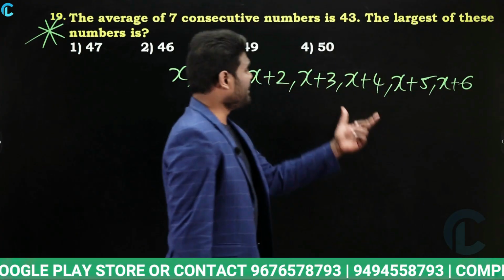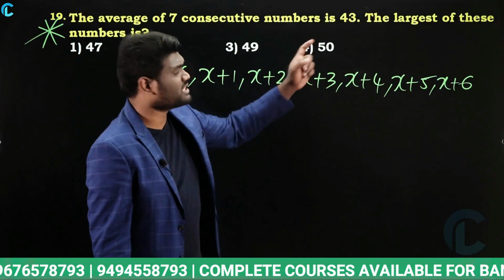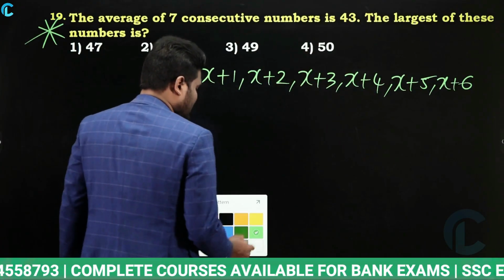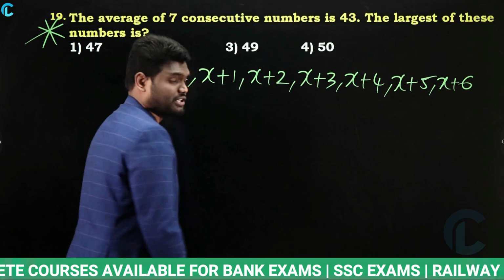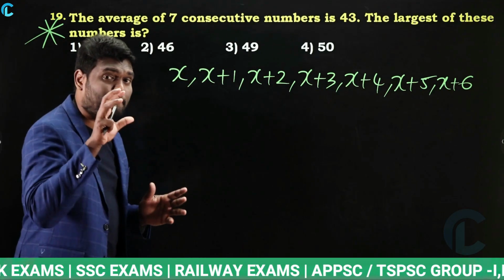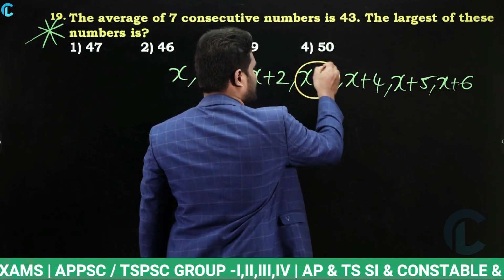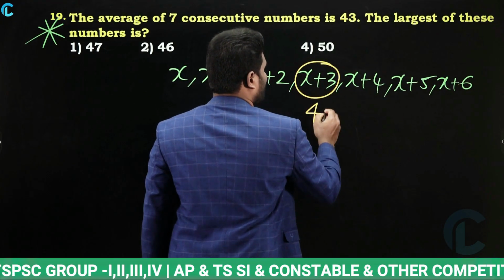These are nothing but my 7 consecutive numbers. The question says the average is 43. As we know, if the given series is in arithmetic progression, the average is nothing but the middle number. So for these 7 numbers, the middle number is x plus 3.